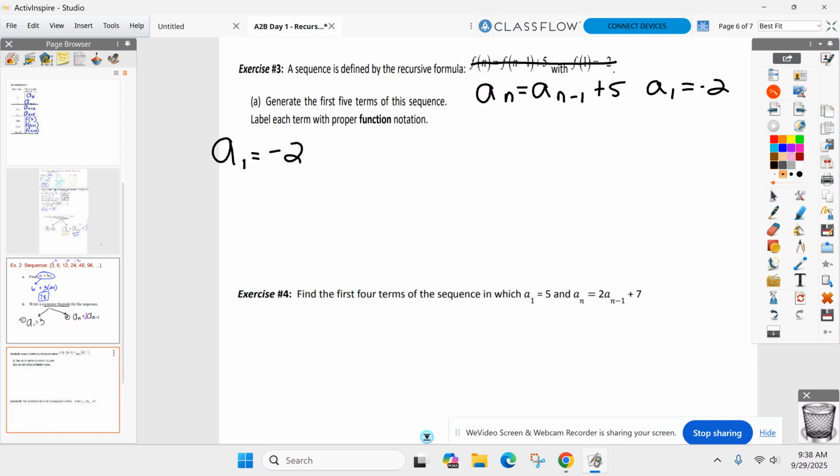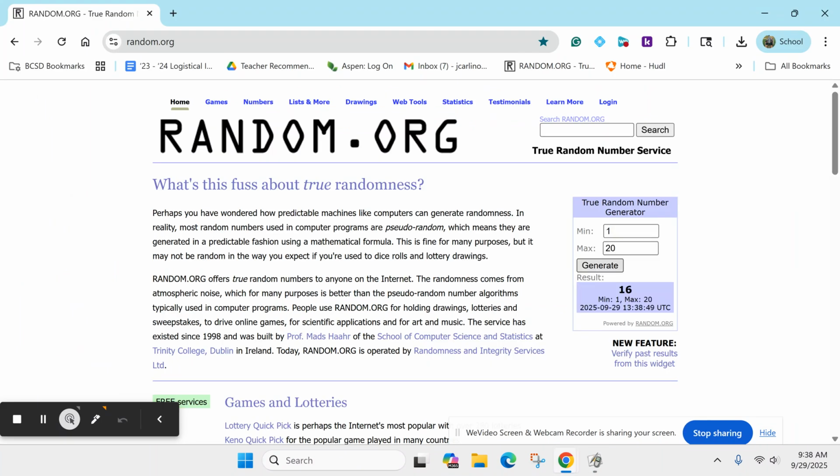All right. Next, how do you find the second term? Well, let's read the formula here. The formula tells you what to do to the previous term to get to the next one. If you want to find any term, take the previous one and add 5 to it. Miles, how do you find the second term?